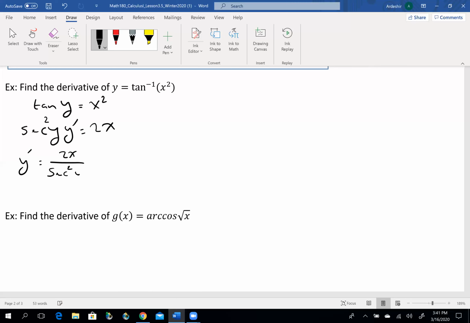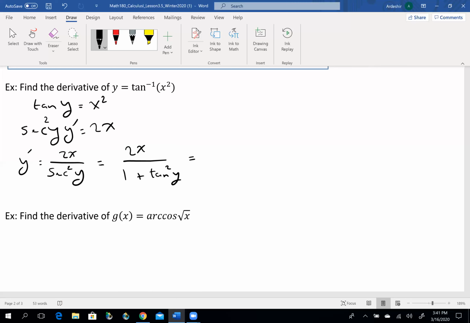secant squared of y. Again, guys, by trig identity, we can rewrite the secant squared of y as 1 plus tangent squared of y. Again, you can use the trig identity to find that: secant squared of y is equal to 1 plus tangent squared of y. So y prime equals 2x over 1 plus tangent squared of y.